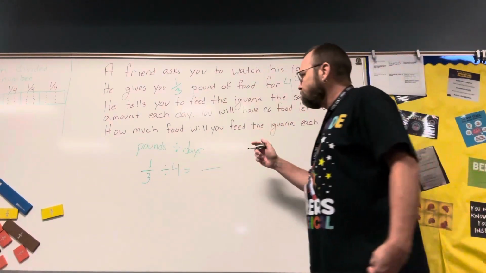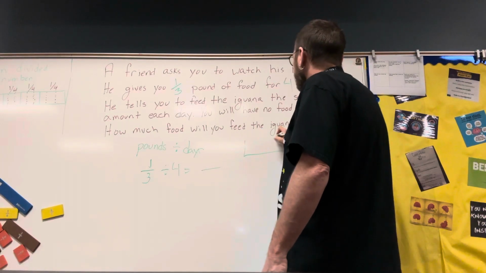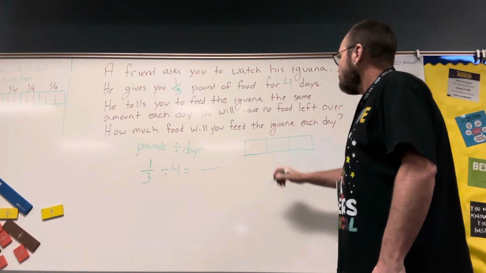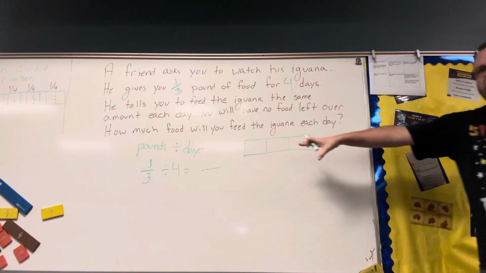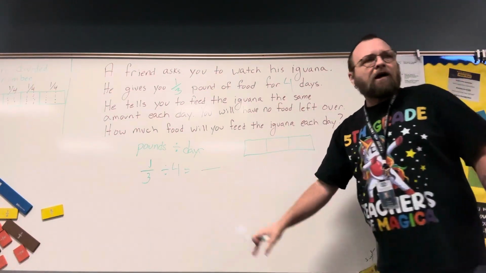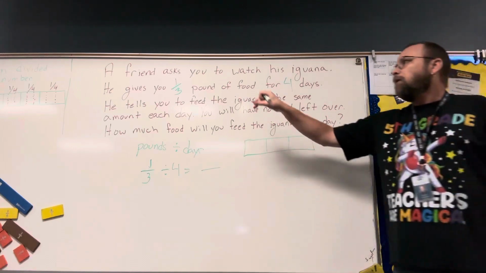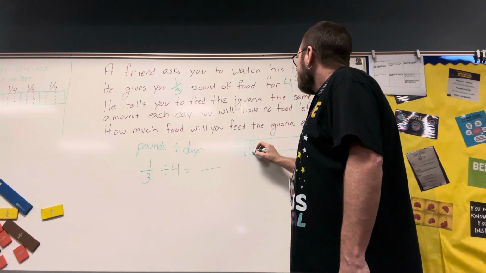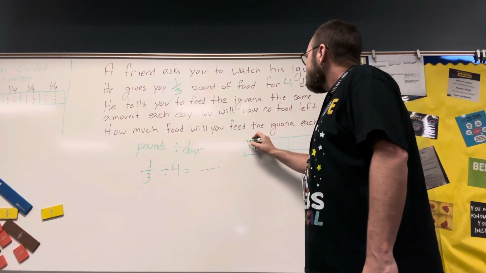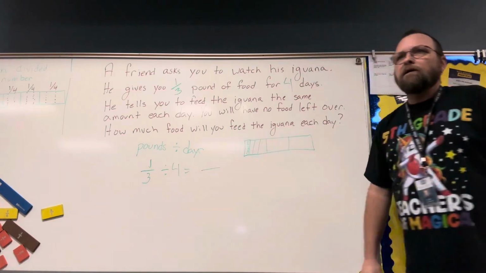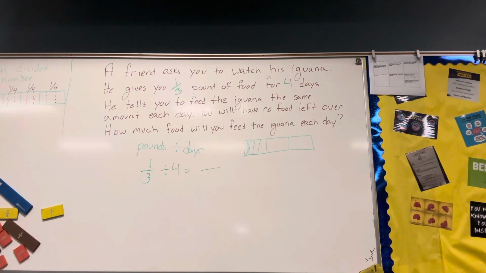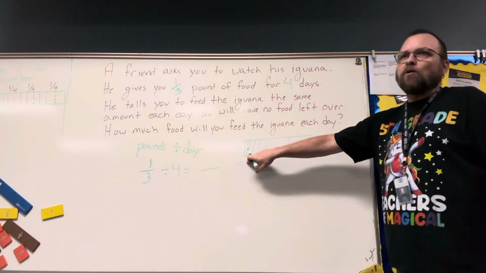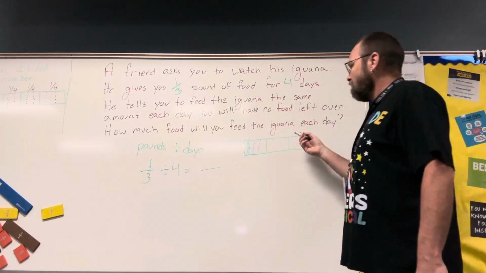Now there's a way to model it. So here's 1, and I need to have thirds. So each of these is 1/3 of a pound. And if I divide my 1/3 of a pound into 4 days, so let's see, 1, 2, 3, 4. This is how much that'll be in 1 day. But that doesn't tell us really how much this piece is worth, because I've got to have all of them be the same size.